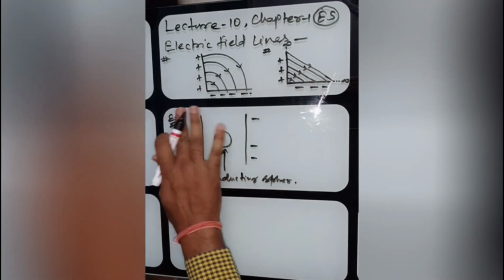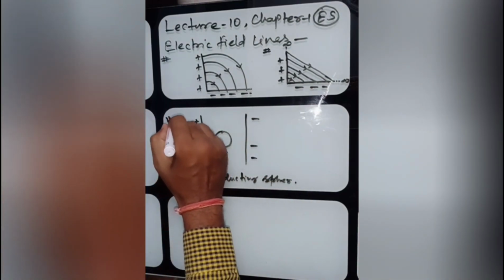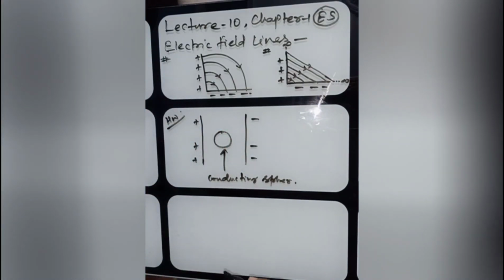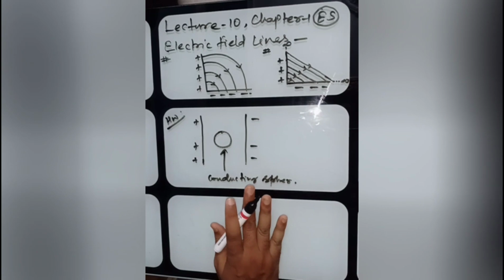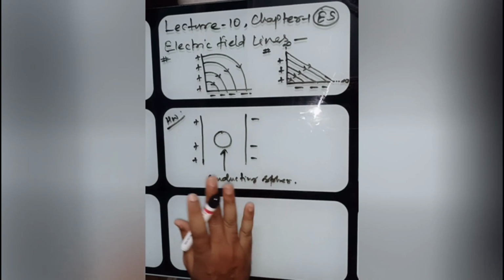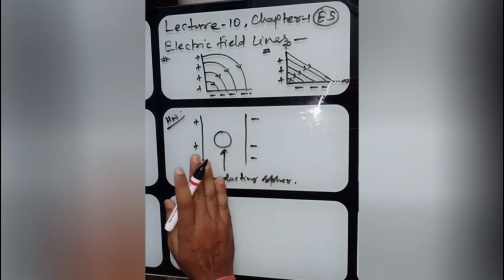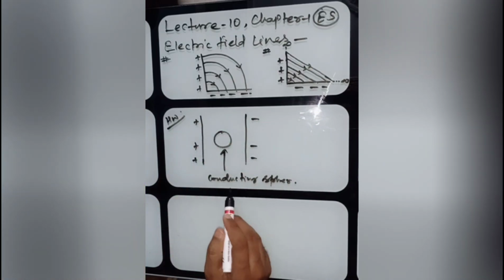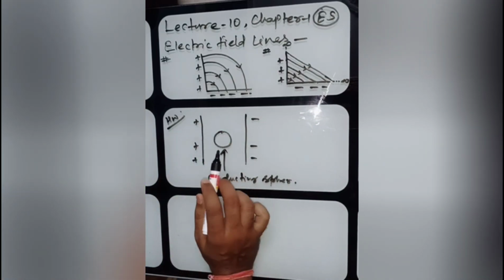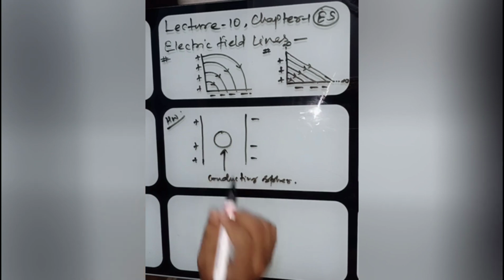Now this is your homework. I'm giving you this as homework. You have to draw the field lines for this system, the field lines between these two plate sheets, and this is the hollow conducting sphere, students.